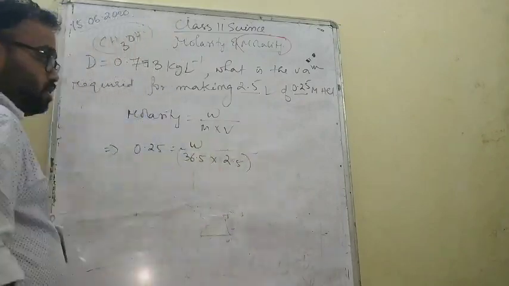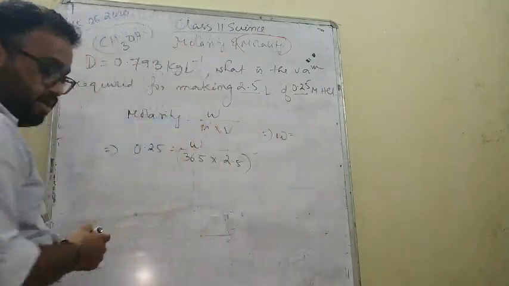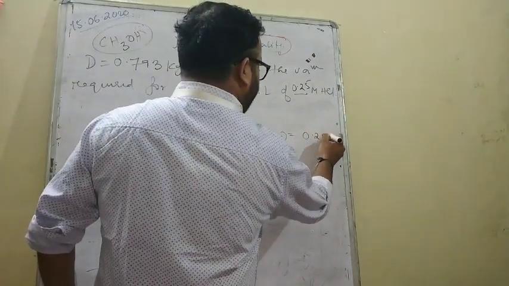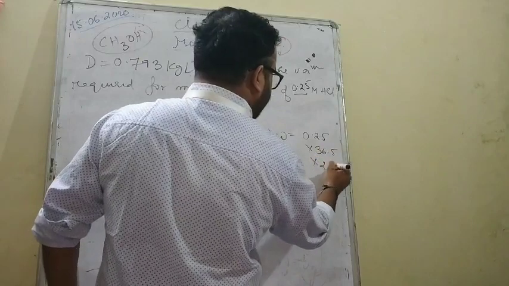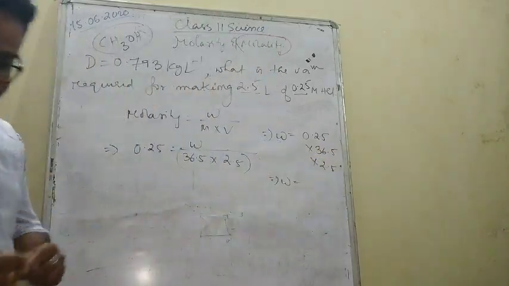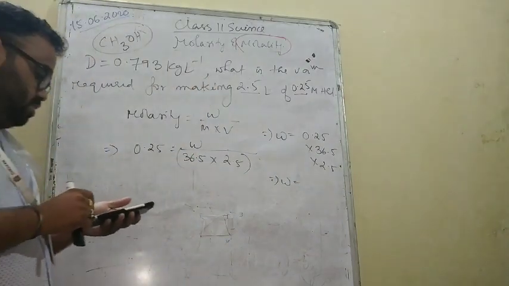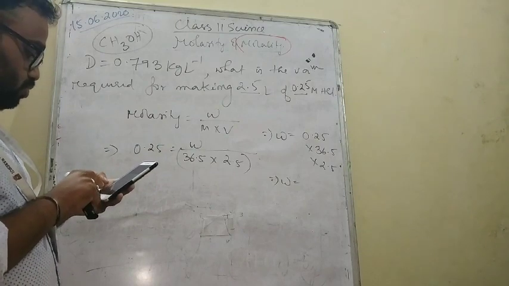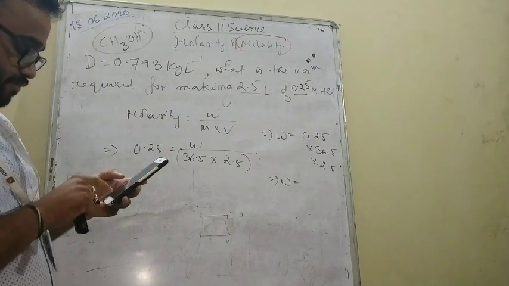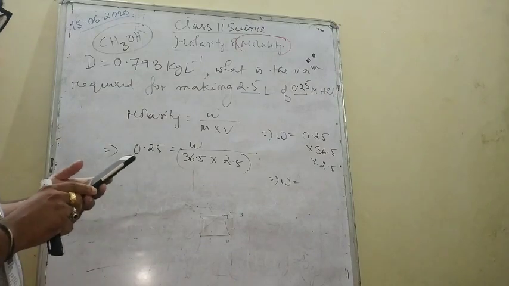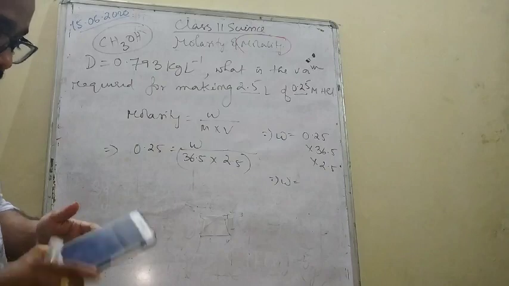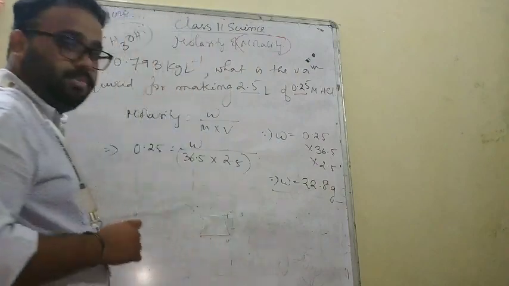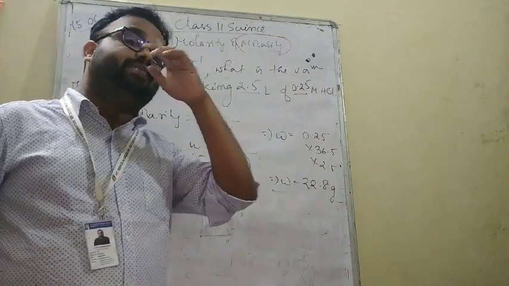So from here W, the given mass, will come out: 0.25 into 36.5 into 2.5. So the mass comes out to be 22.8 gram.